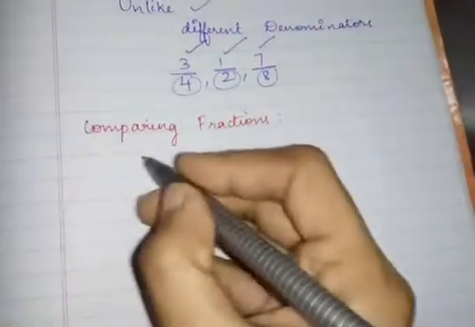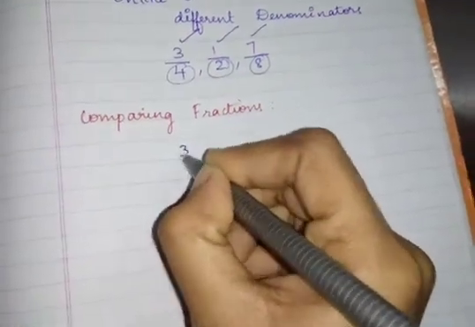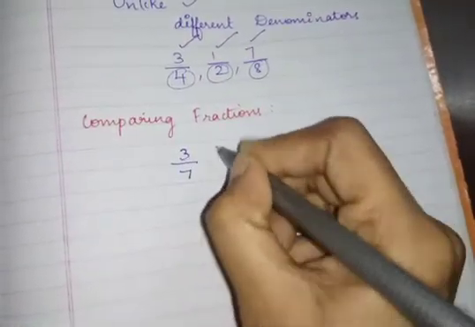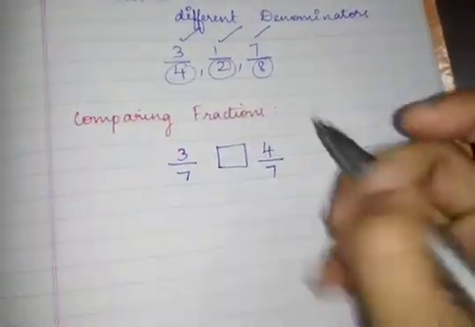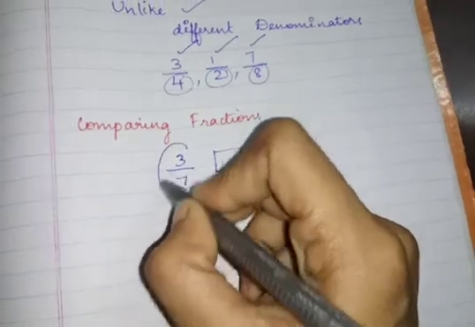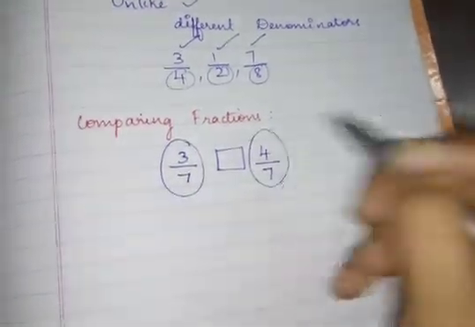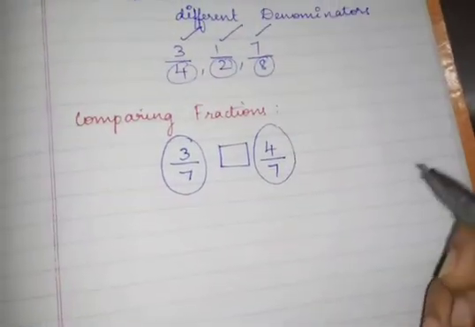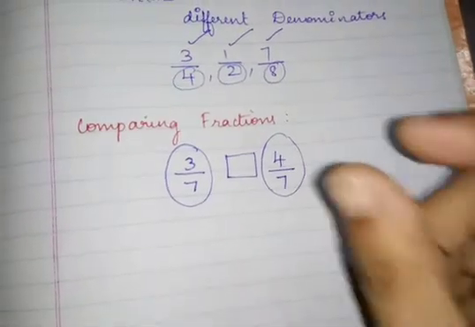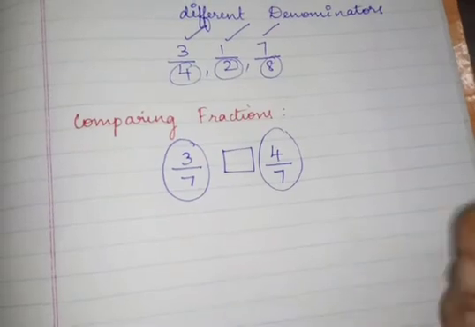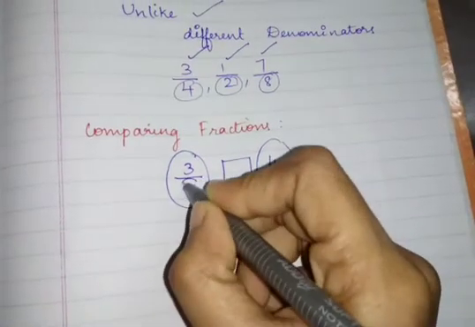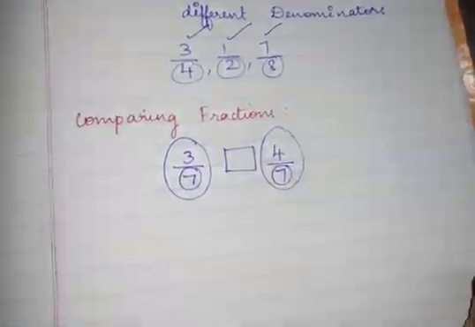For example, 3 by 7 and 4 by 7. We can easily compare 3 by 7 and 4 by 7 and say which is greater, which is smaller, or whether both are equal. Why? Because both denominators are the same.